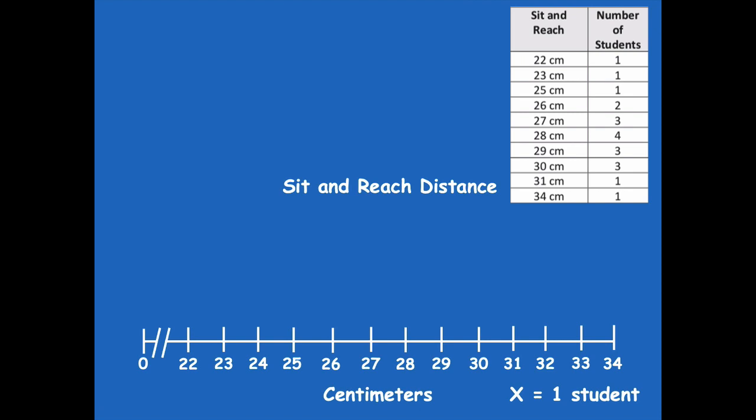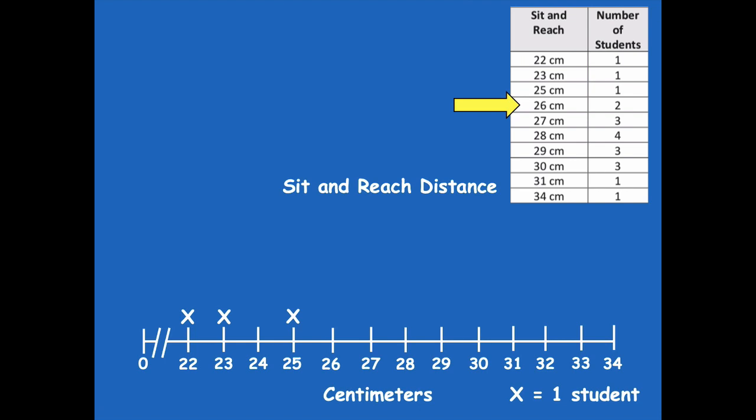All right, so let's start including our data. So we have 22 centimeters. Well, there was only 1 student that had 22 centimeters, so we would put 1 X. 23 centimeters had 1 student. 25 centimeters had 1 student.